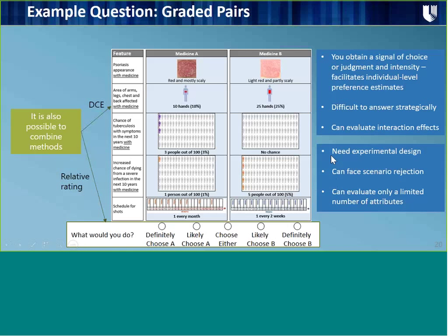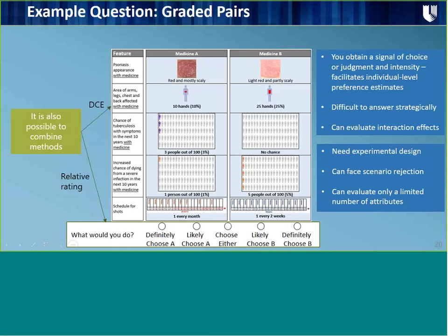So in this case, for example, you ask people to answer these questions based on these profiles, which are more difficult to answer strategically because you're not asking about any profile that is perhaps clinically available. These are hypothetical scenarios.